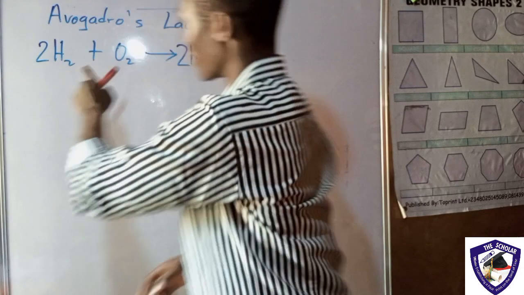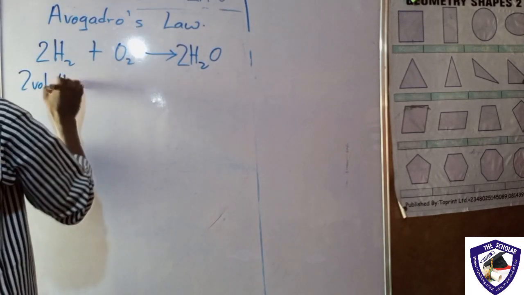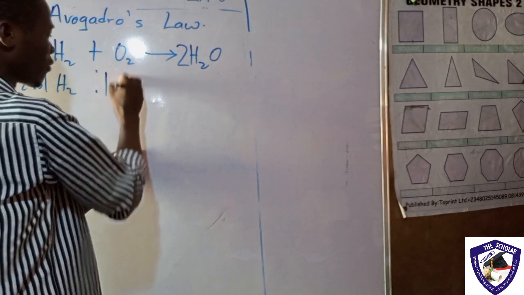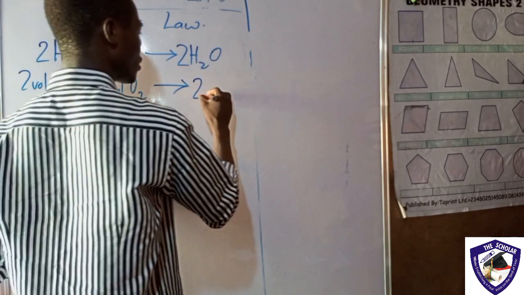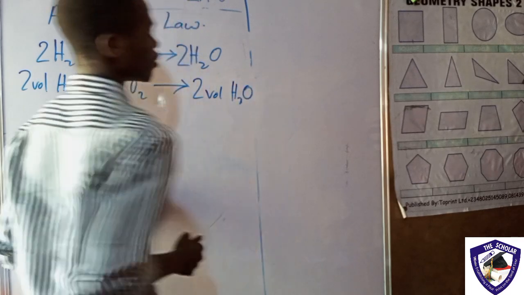Now from here, 2 volumes of hydrogen react with how many volumes of oxygen? 1 volume of oxygen to give how many volumes? 2 volumes of water vapor.